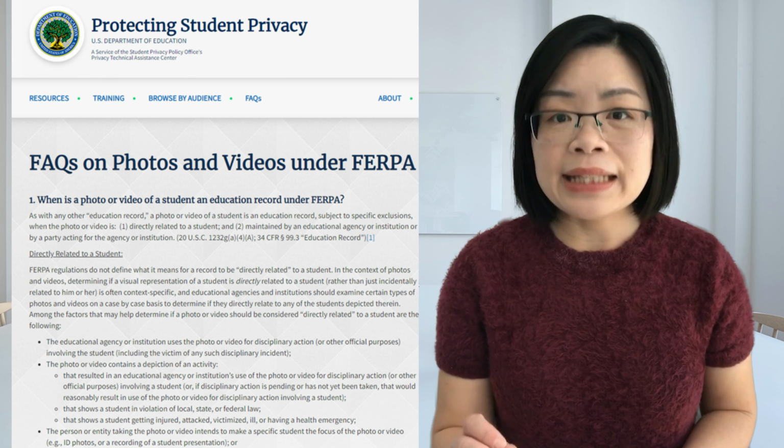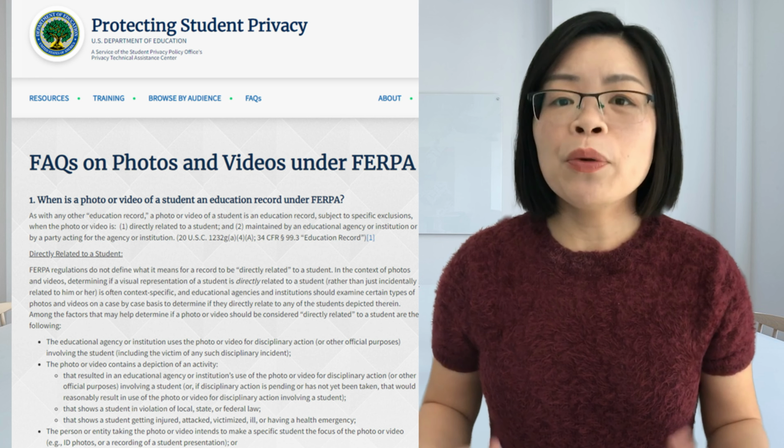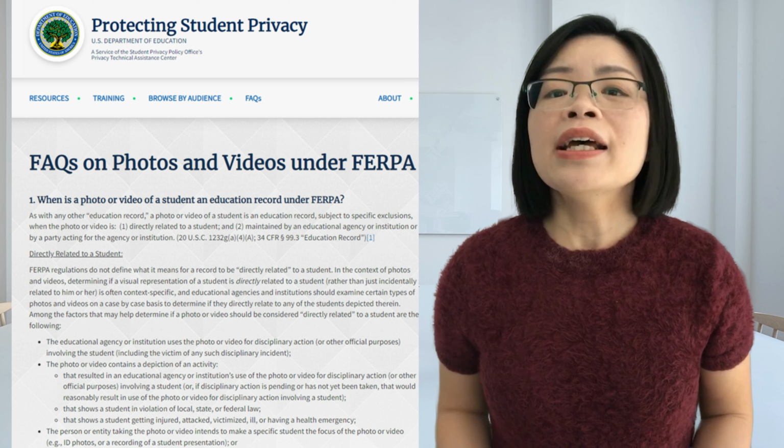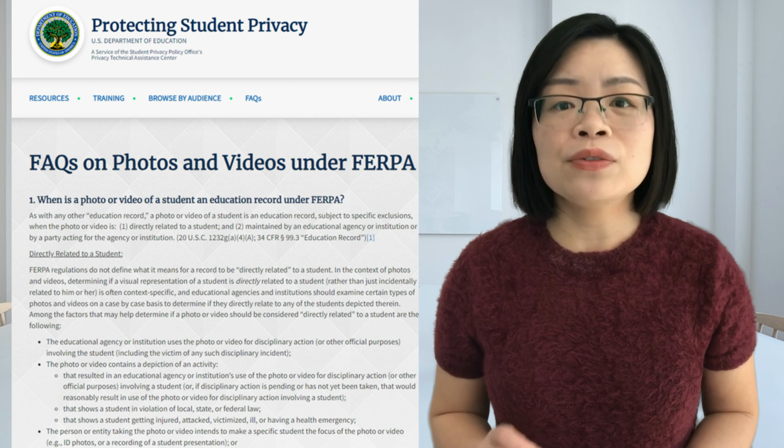Therefore, posting a student's photo on social media without consent could potentially violate FERPA if that photo reveals information protected under FERPA.